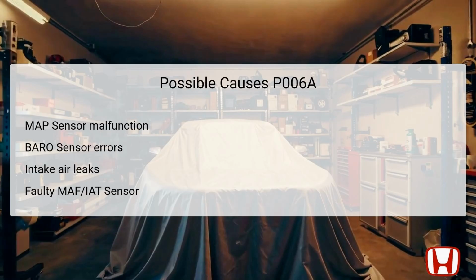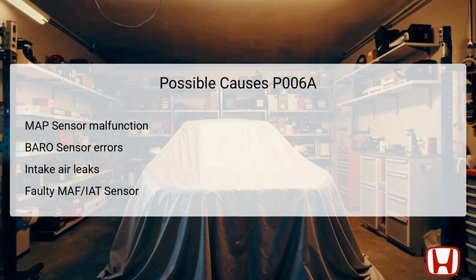Several factors could trigger a DTC P006A. First, a malfunctioning MAP sensor can provide inaccurate readings, leading the PCM to store an error code. Second, issues with the baro sensor could also be implicated, which directly affects the PCM's calculation of air density and quantity.